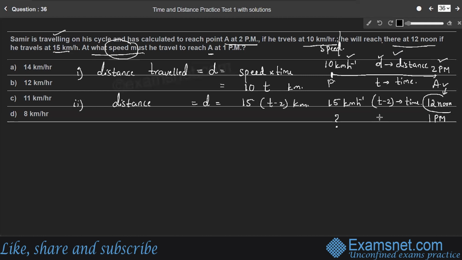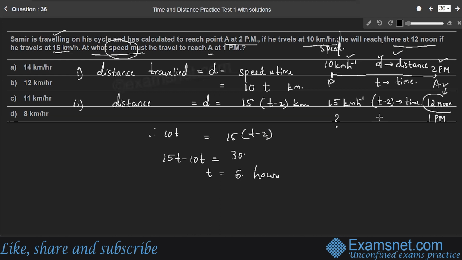Therefore, we can equate 10T and 15 into T minus 2, since the distances are the same. Therefore, 15T minus 10T is equal to 30, so 5T is equal to 30. Therefore, T is equal to 6 hours.